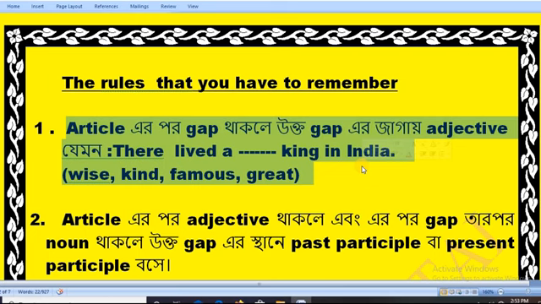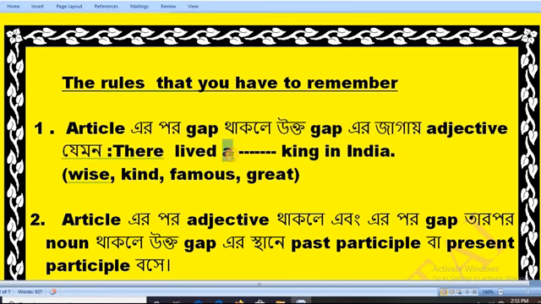Okay, look at the rules. First, article. If you see before the gap there is an article, then what will you use here? Look at the sentence. They lived a dash king in India. Here you will write, they lived a famous king in India. Look, the answers are given here: famous, kind, great, wise.